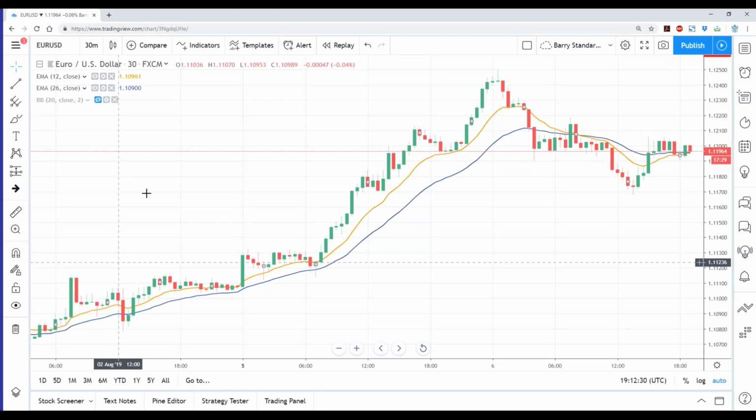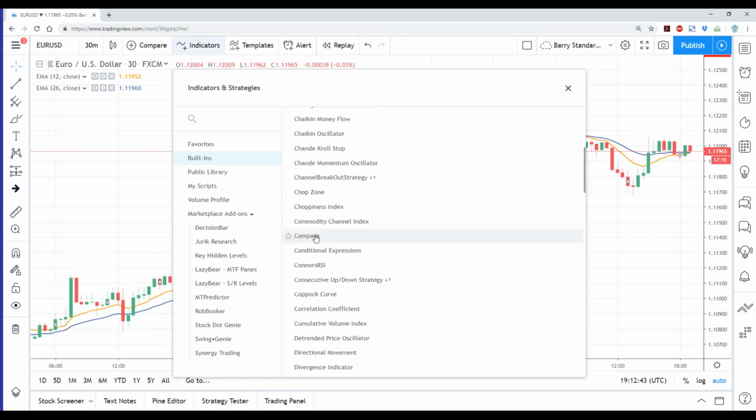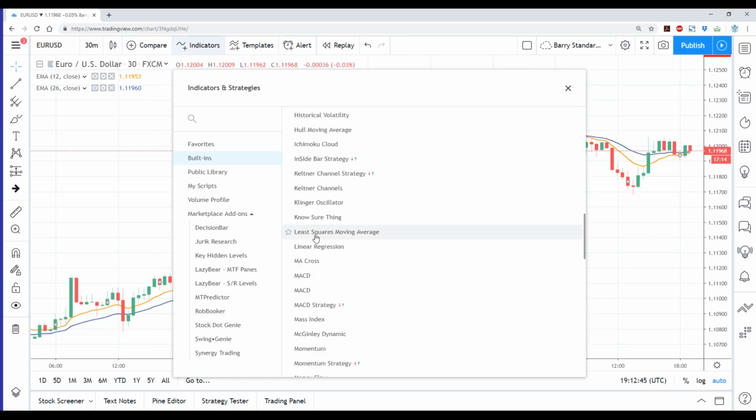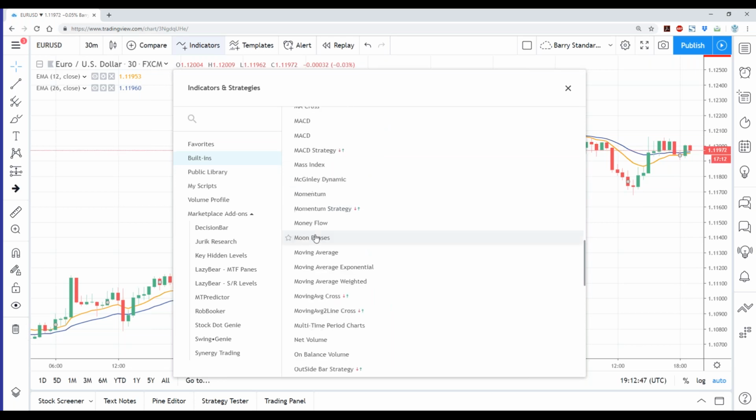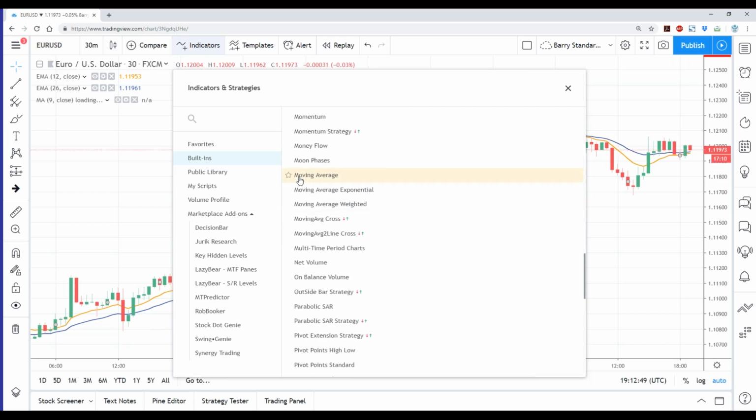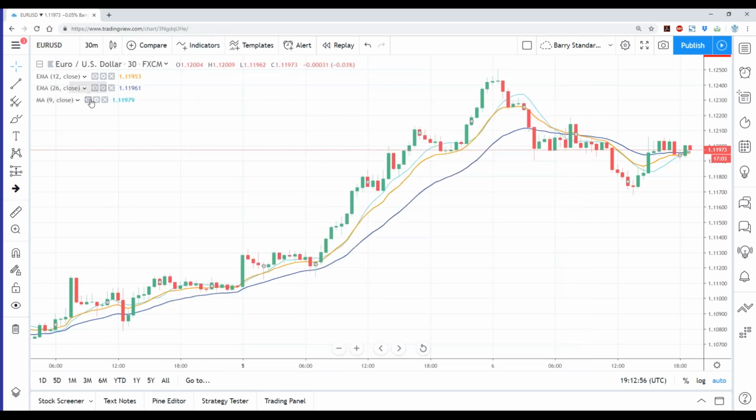Here we have a current Euro US dollar chart, and I'm going to add on a standard moving average, which is just a simple moving average, for 12 periods, for no other reason.